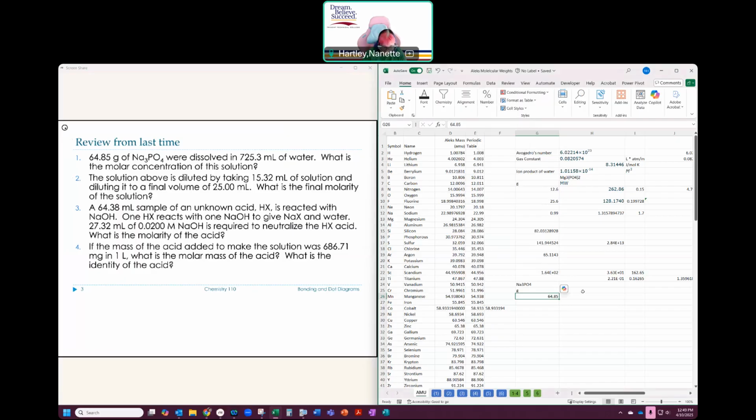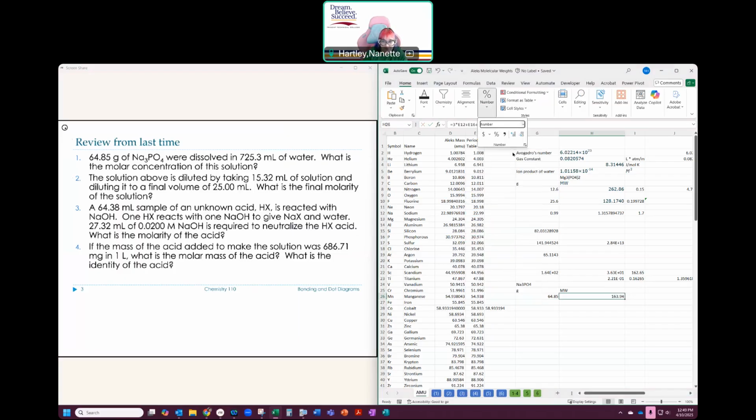So I want my molecular weight here, and I'm going to put in 3 times the sodium. So I need to find my sodium, which is here. I'm going to use the periodic table number, which is right there. And then I need to add my phosphorus, which is right here. And I need to add 4 times that oxygen number, which is right here. So that's the molecular weight for that. And again, I'm going to put that back into just the number format.